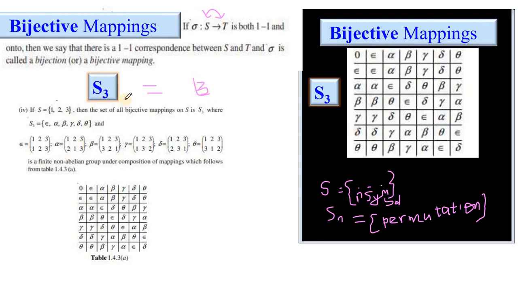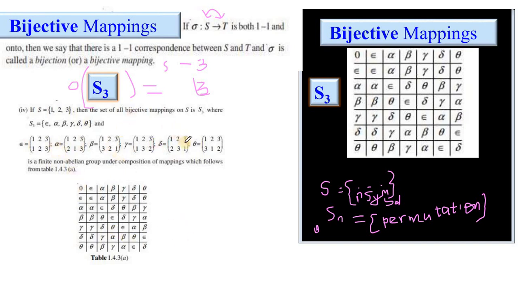So the order of S3 will be nothing but 3 factorial. In general, if S has n elements, then the order of Sn will be n factorial. This is again the UG portion.